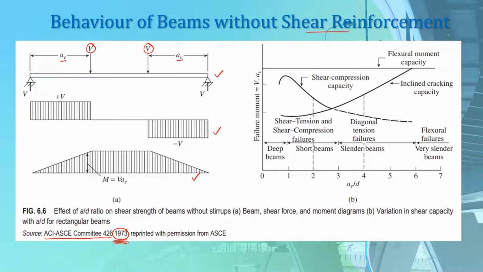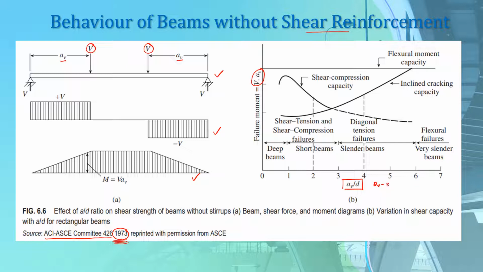On your right-hand side, you can see a graph relating the failure moment, which is given by the product of V and a_v, to the ratio a_v by d. When we are studying the behavior of beams without shear reinforcement, we will keep all other factors constant and only vary this ratio of a_v and d.